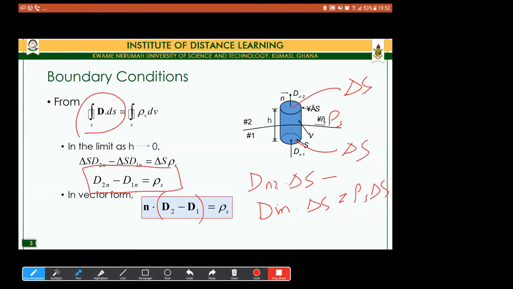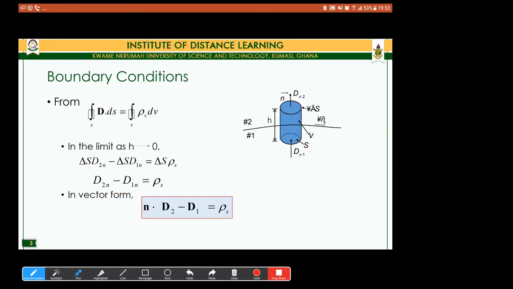Because we're talking about the normal component of D, so it is n, which is the normal to the surface. Then n times D2 will give you D2N, n times D1 will give you what? D1N. So n dot (D2 minus D1) equals rho S.